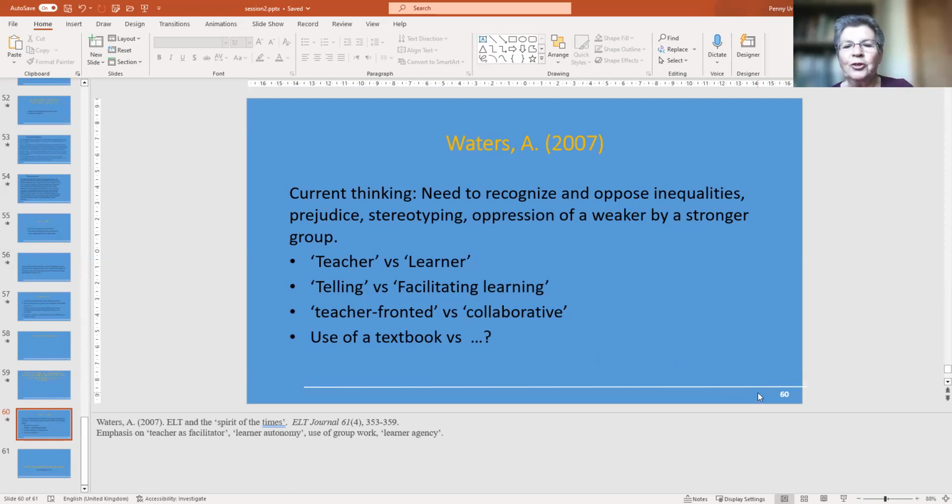Or the teacher telling versus the teacher as bottom-up facilitator, the teacher-fronted versus collaborative, use of a textbook versus, well, leave that with the three dots, not use of a textbook. But this is a really interesting article to read if you have time, and we're all short of time.